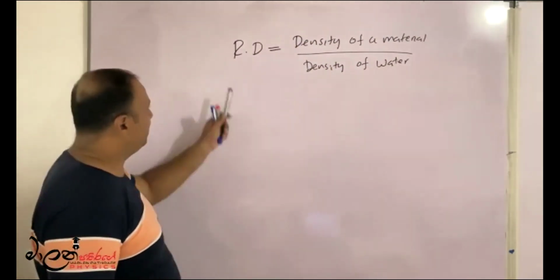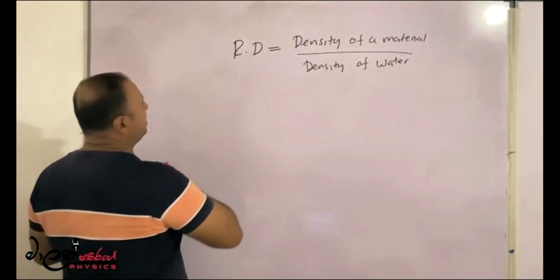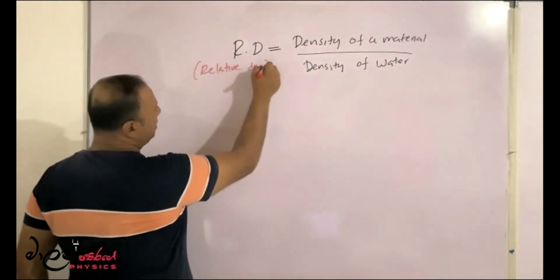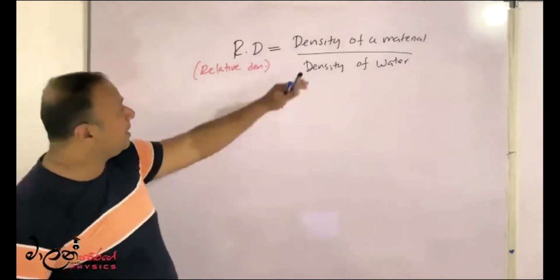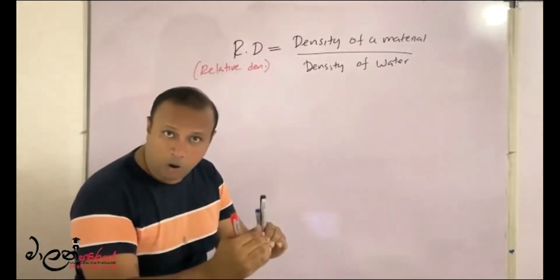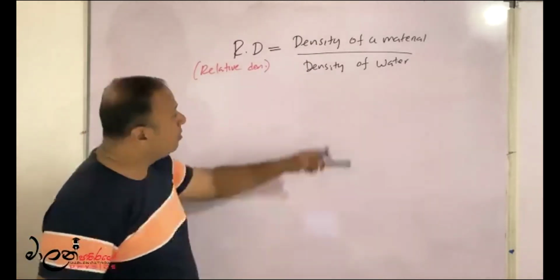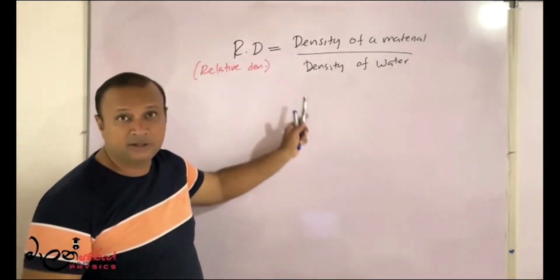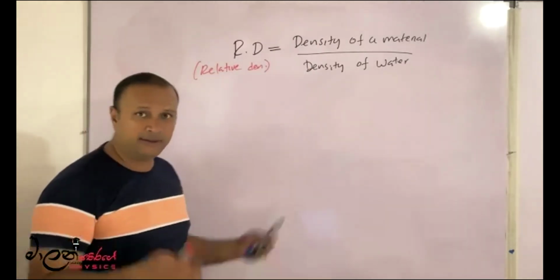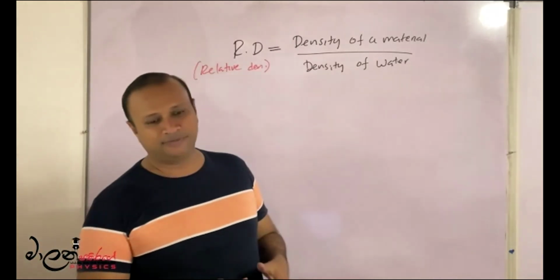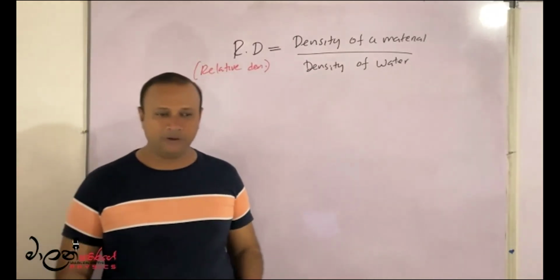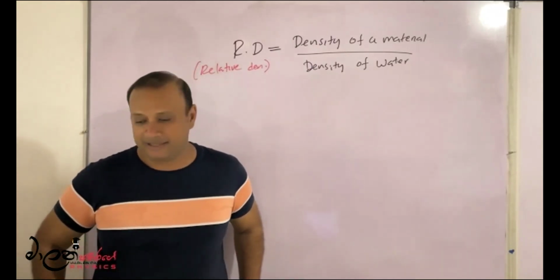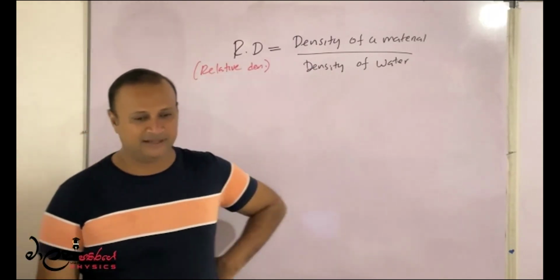Relative density is equal to density of a material over density of water. Both are densities, which means the dimensions of both physical quantities are equal, so they cancel out. So the answer is answer number 5. The relative density doesn't have a dimension.